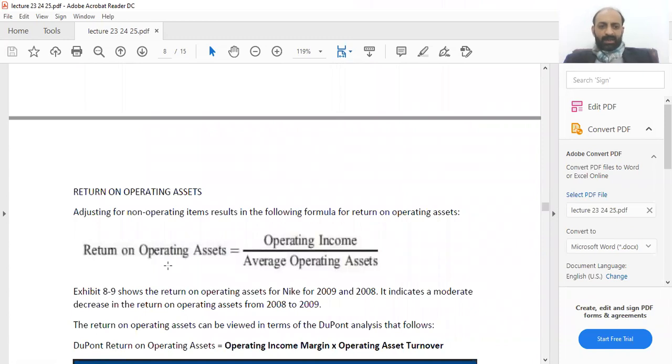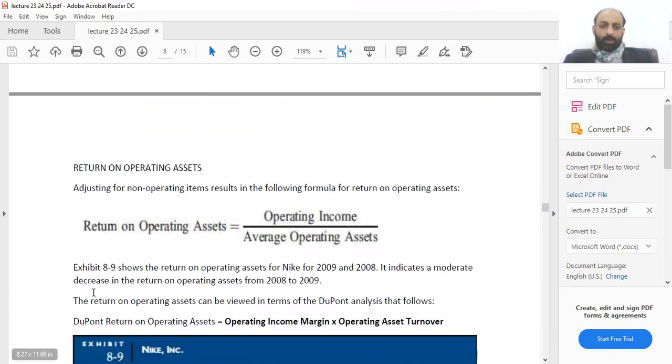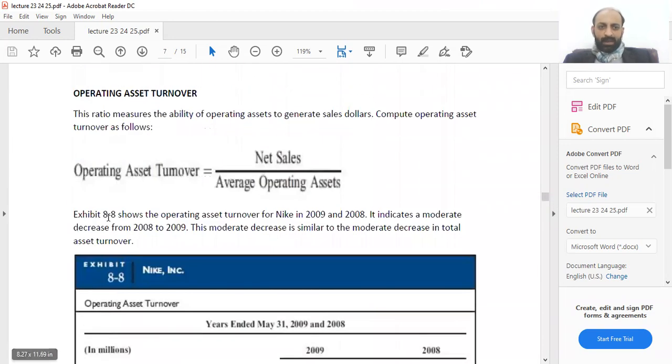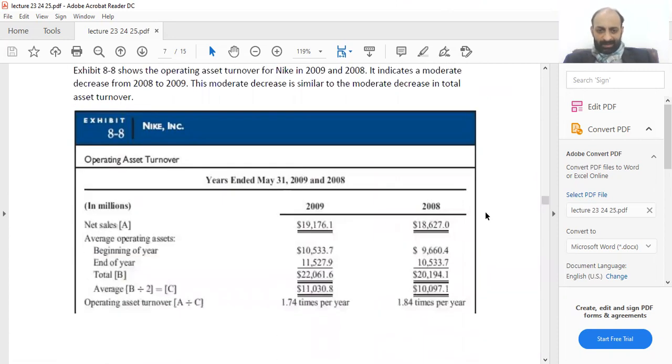So the third ratio is called return on operating assets. Adjusting for non-operating items results in the following formula for return on operating assets. Now, when we talk about operating asset turnover, we take the figure of net sales.